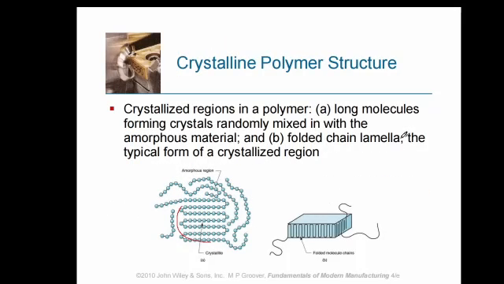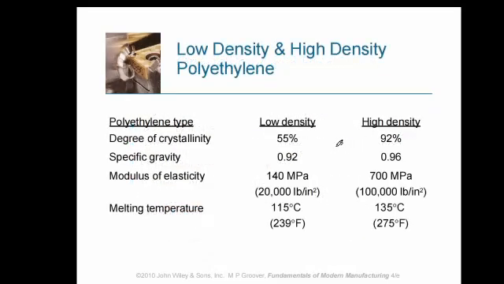Okay, so that's the major distinction between these two. That's why this one becomes low density, because as you increase crystallinity, the density increases. As you can see, specific gravity also slightly increases here for HDPE.